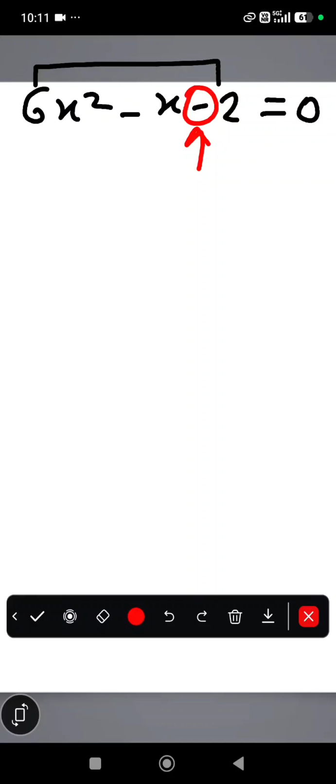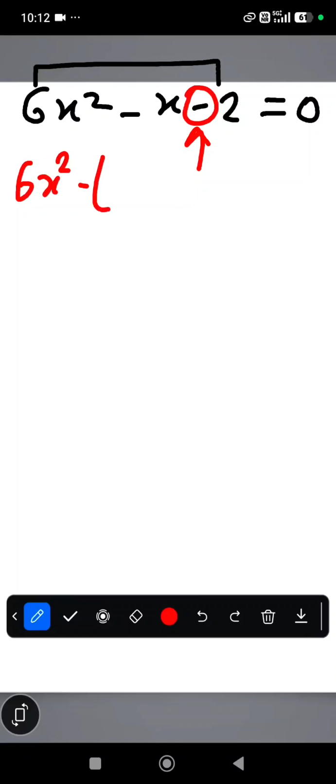Don't say minus 4 and 3 as integers, because when you multiply this minus, negative 4 automatically gets the minus sign. So 6x² minus 4x.